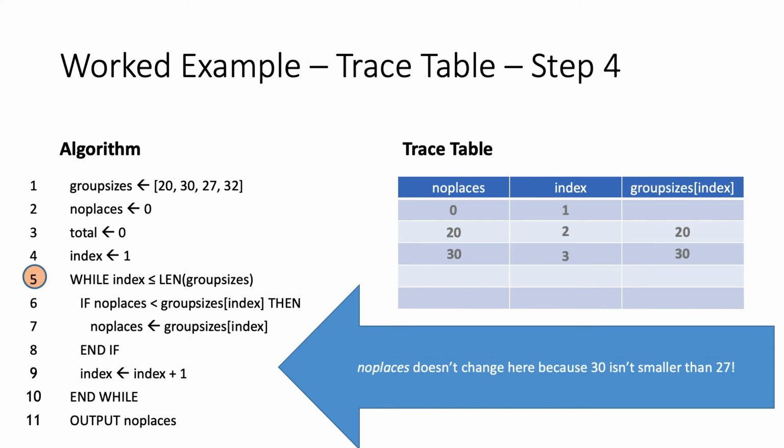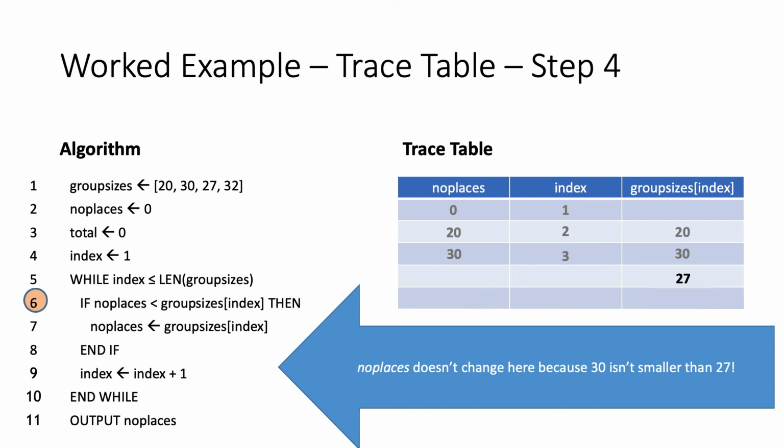Okay, step 4. Now, index is 3. 3 is still less than or equal to 4. Group sizes index is 27, so index being 3, group sizes index is the value 27. However, this time round, no places is 30.